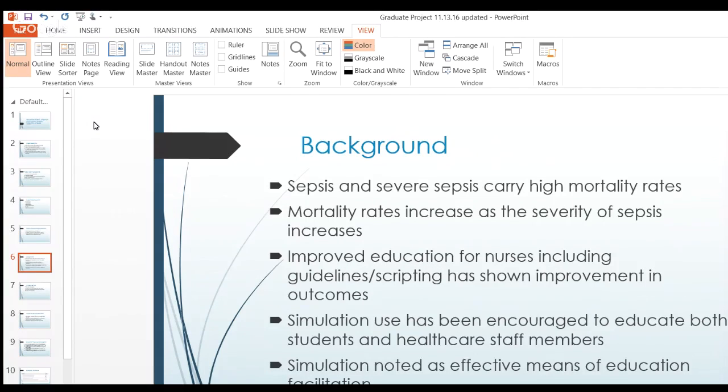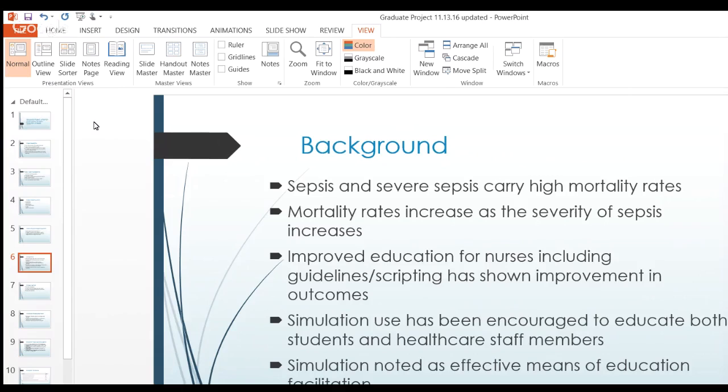When we look at the background, it involved research on not just sepsis, but also the utilization of simulation to foster education. When we look at sepsis, it's not a new issue, but it remains one that, while we have a lot of knowledge of it, we typically identify it way too late.